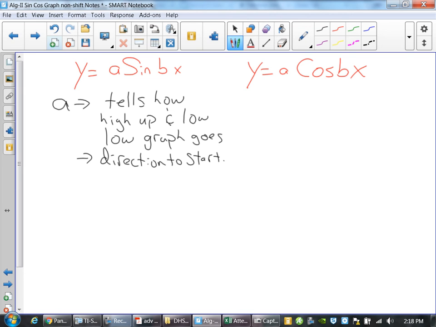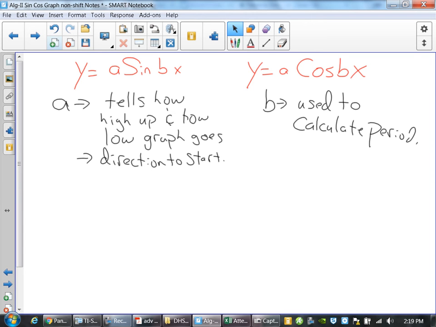The B value is used to calculate the period for both sine and cosine. They both have the same formula for finding that. How fast? And how low can you go? It's supposed to be how low.